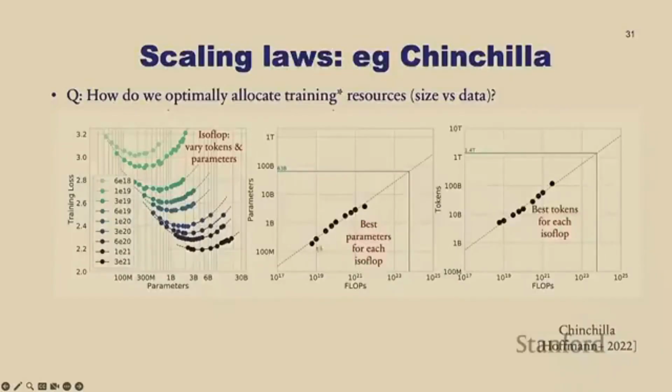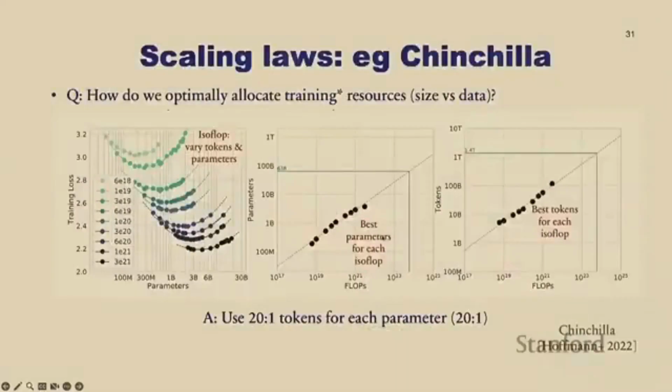Now I have something which tells me that if I want to train a model with 10 to the power 23 flops, here's exactly the number of parameters I should be using: 100B. You can do the same thing with flops and tokens. So now you can predict, if I tell you I have one month of compute, what size of model should I be training? Fit your scaling law, and I tell you.